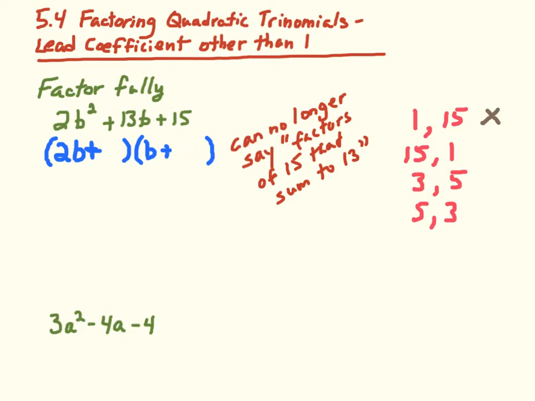I also really couldn't have a 15 right here, because I would have 2b squared plus 2b plus 15b, and I would have surpassed 13b in my O and I of FOIL. So let's eliminate those as well.